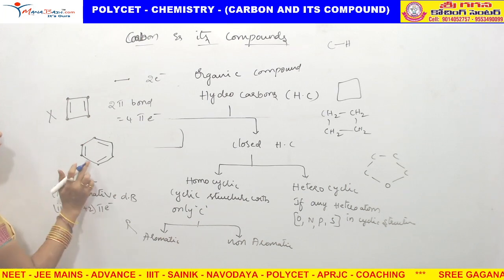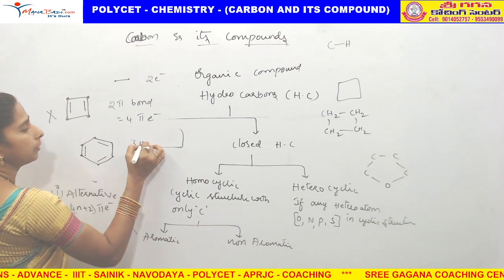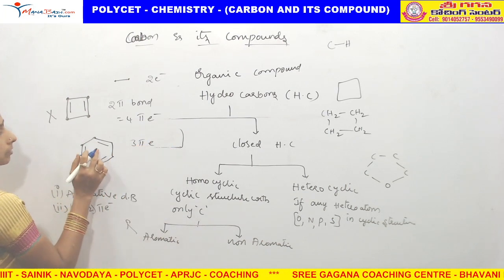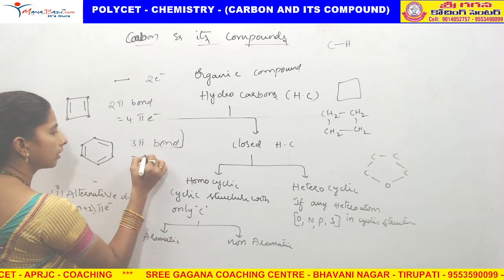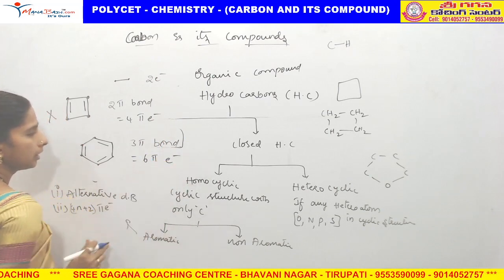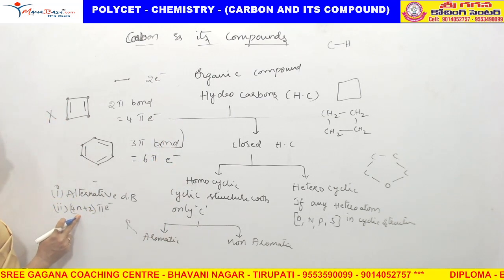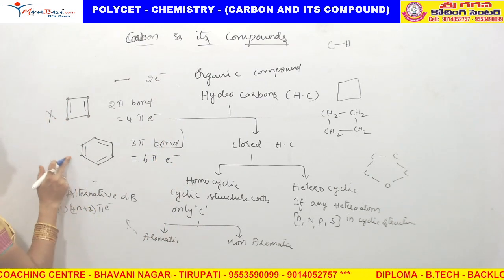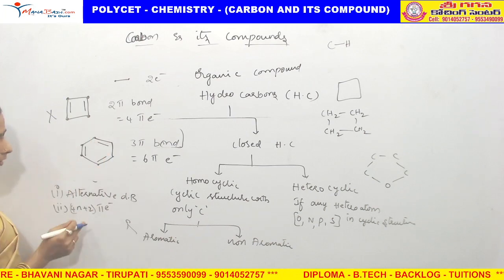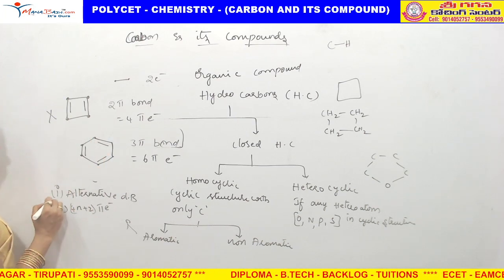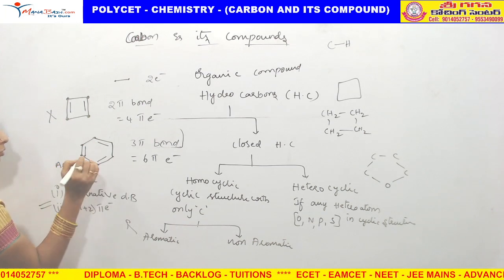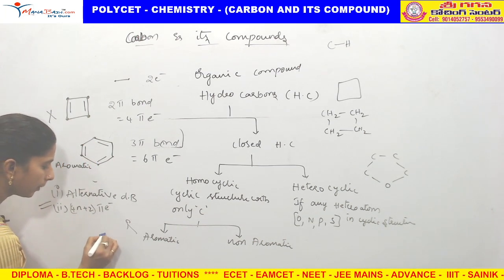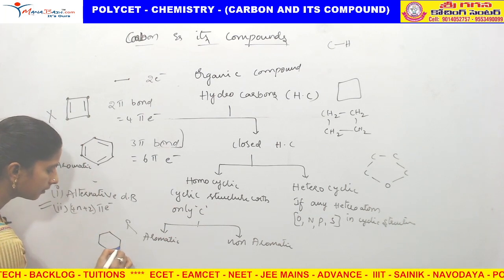Second rule: how many pi bonds are there? 3 pi bonds. 3 pi bonds means how many electrons? Right, 6 pi electrons. Is it satisfied if you take n equal to 1? n means number of rings. Here how many rings are there? One ring, so 6 pi electrons. So it is aromatic. The first example of an aromatic compound is this one.